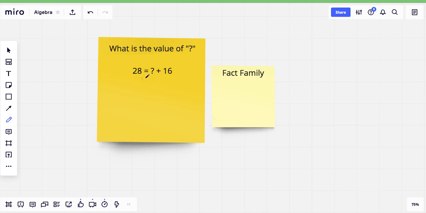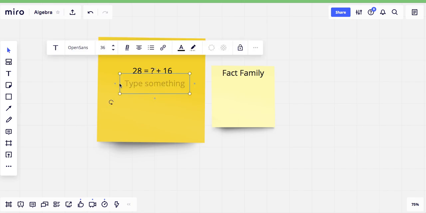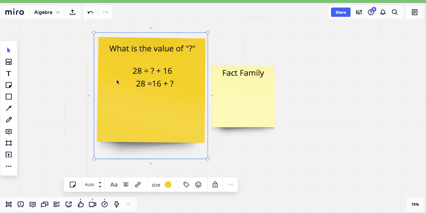So I know that I have the expression here, 28 equals something plus 16. That's the same, boys and girls, as me saying 28 is equal to 16 plus a question mark.